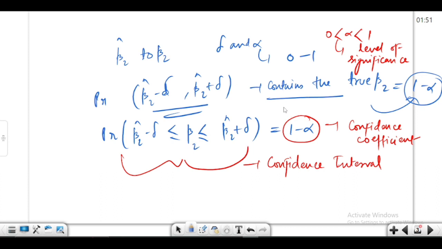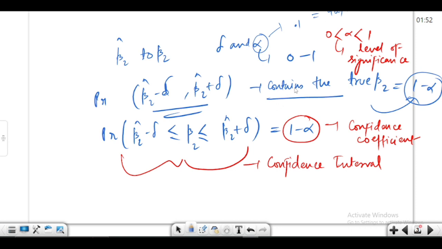If you change this value of alpha, the probability of the population parameter lying in the confidence interval changes. If you make it 0.1, then 1 minus alpha becomes 90%. Similarly, if you reduce alpha, this probability increases.